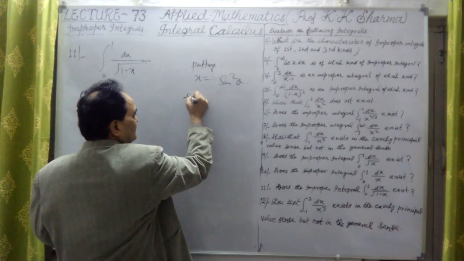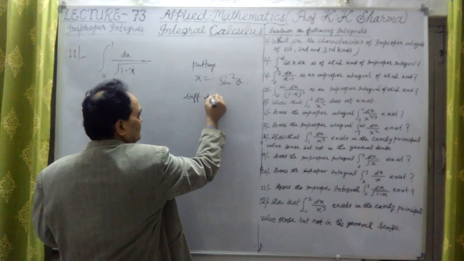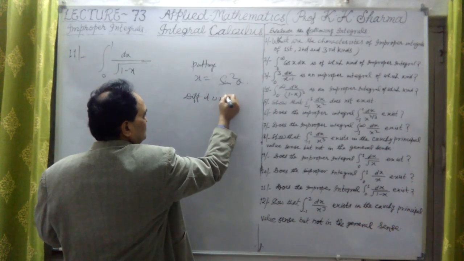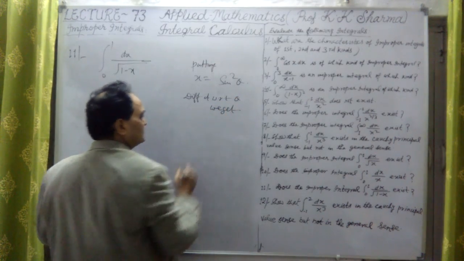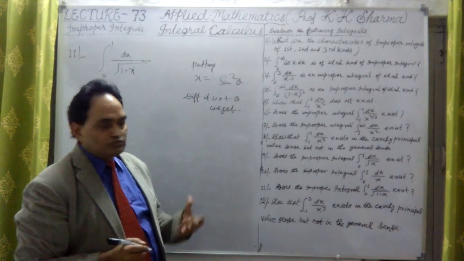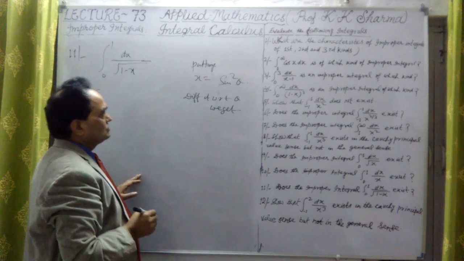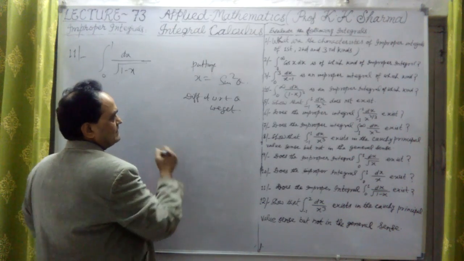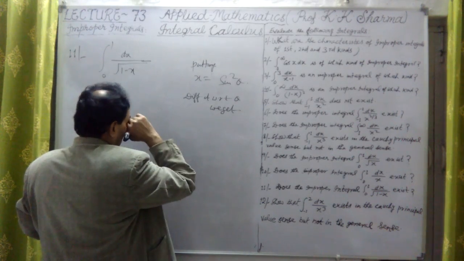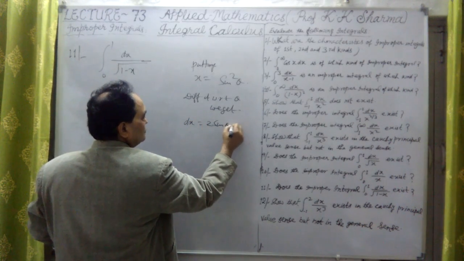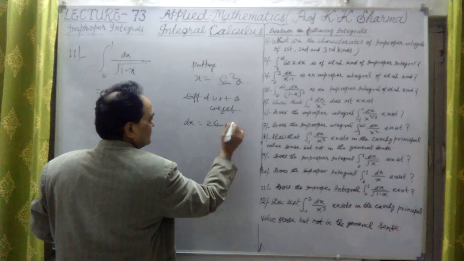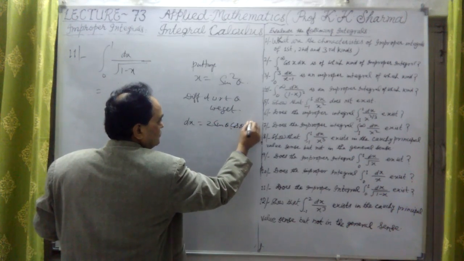Differentiating with respect to theta. With a definite integral, we can solve it by substitution. We substitute x equal to sine square theta. So dx is equal to 2 sine theta cos theta d theta.